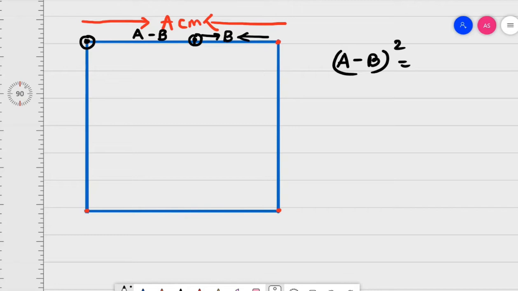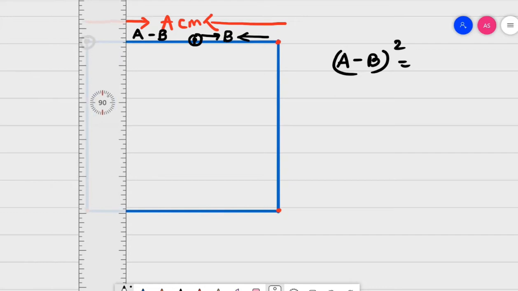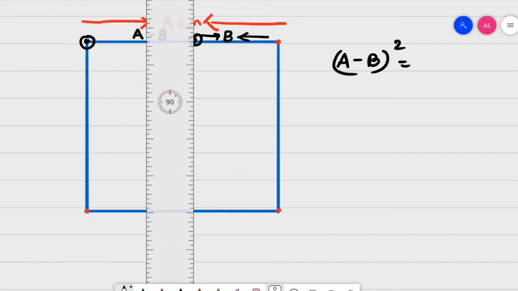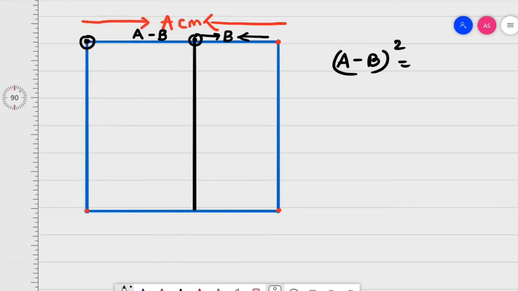If this is becoming a minus b, then the second step is you just draw a line which shows a minus b part differently, not only horizontally but vertically also. Let us take this much as a minus b.